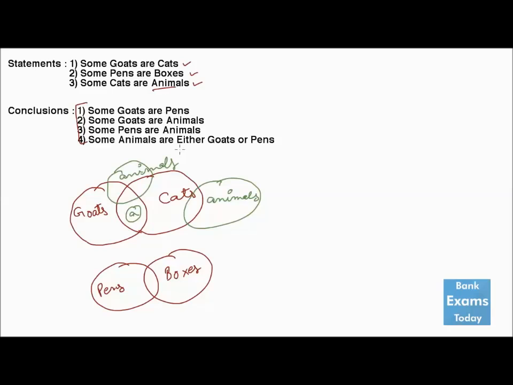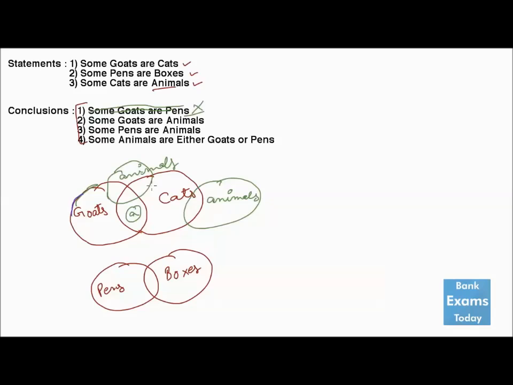Some goats are pens. There is no relation between the goats and pens. So this is false. Got it. Some goats are animals. If we look at this one, these two circles, the goat circle and this animal circle, then we will find that this conclusion is following.